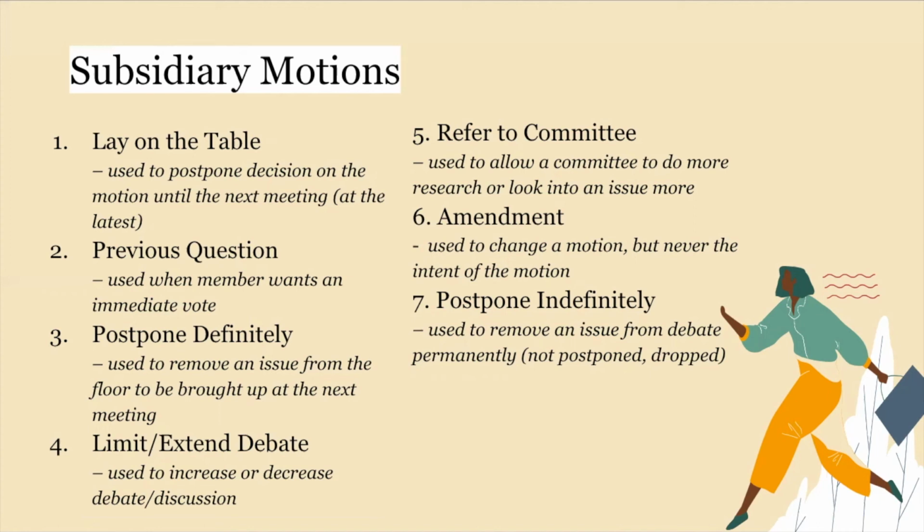Like, this is a very powerful motion. So if you want to stop all discussion, stop all amendments being put on the bill, someone could call for the previous question and then force the Senate to vote on whatever is being presented immediately if 2/3 of the Senate would like to do that.